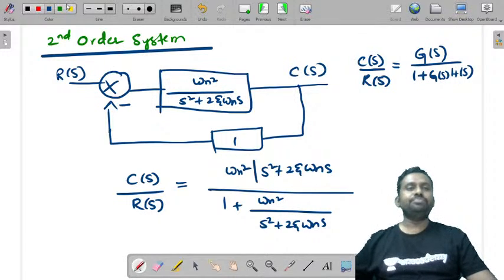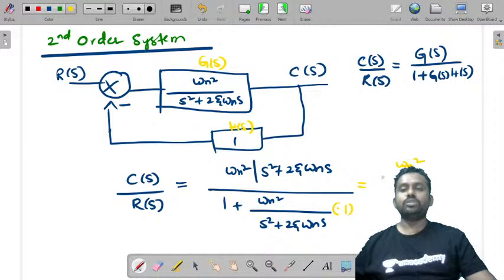I'll consider this as G of s and this as H of s. So H of s value here would be 1. So this is G of s by 1 plus G of s into H of s. Now this comes out to be omega n square by, if we take LCM and cancel out, s square plus 2 zeta omega n s plus omega n square.